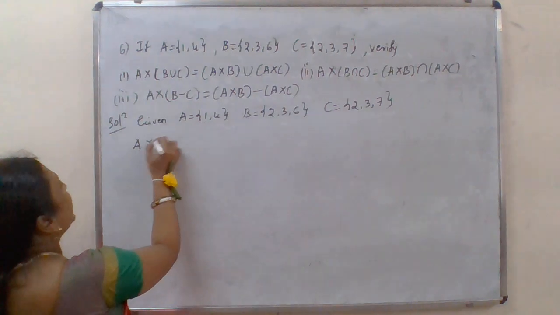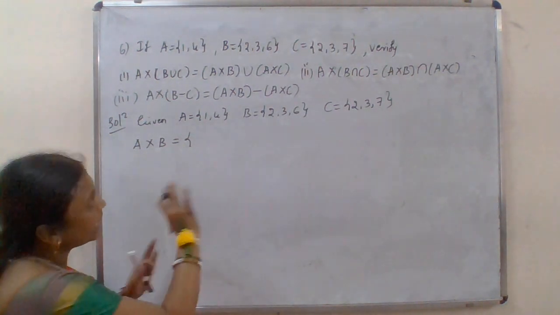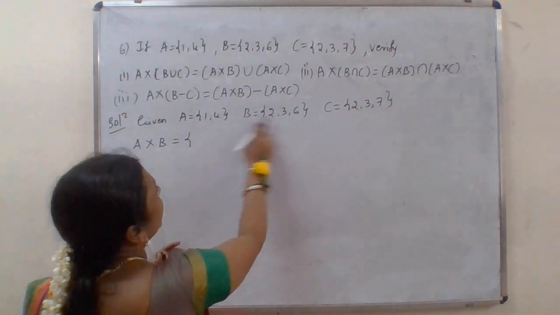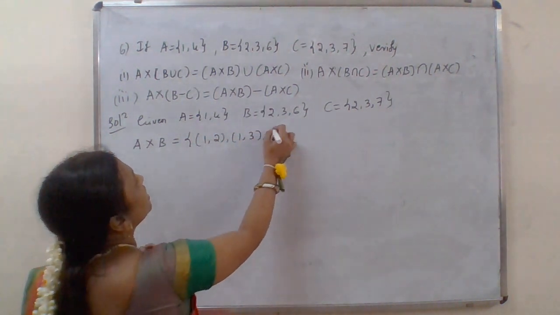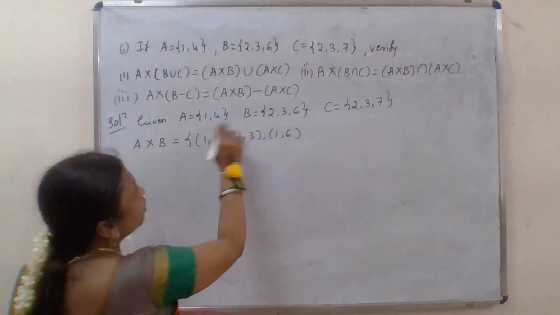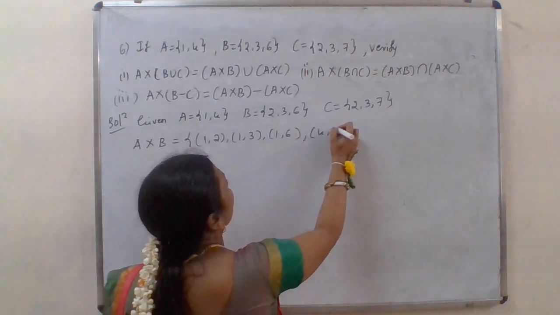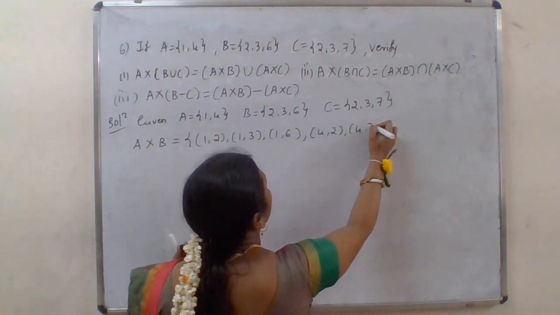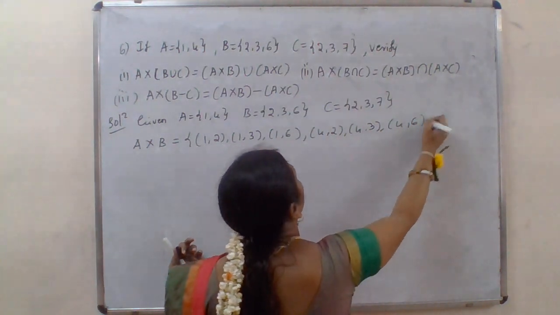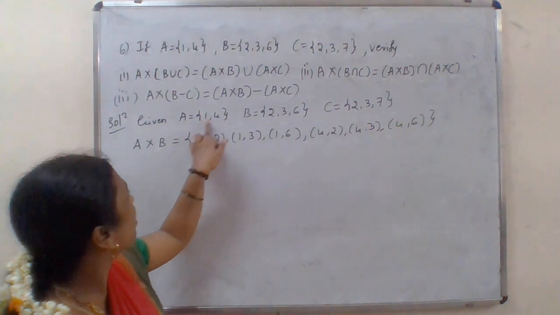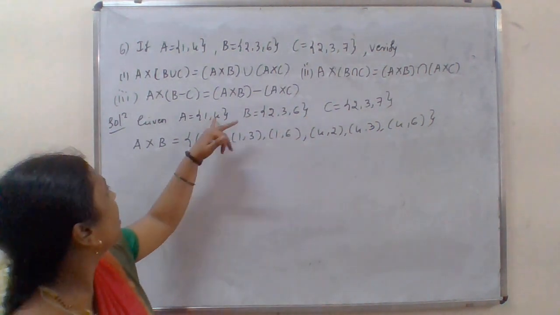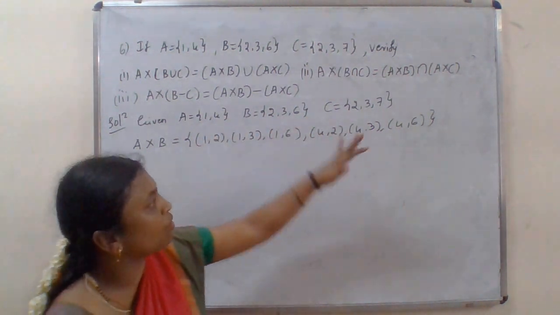Now A × B means (1,2), (1,3), (1,6), next (4,2), (4,3), (4,6).